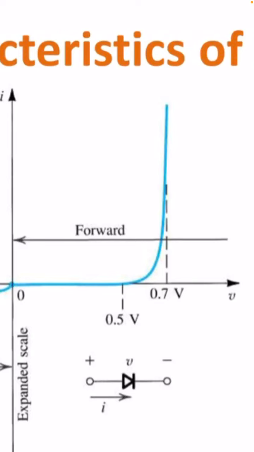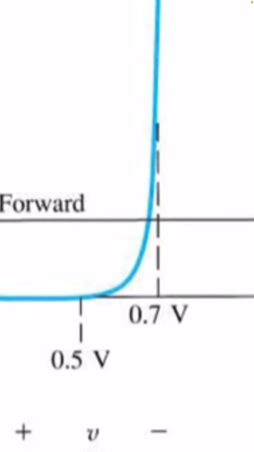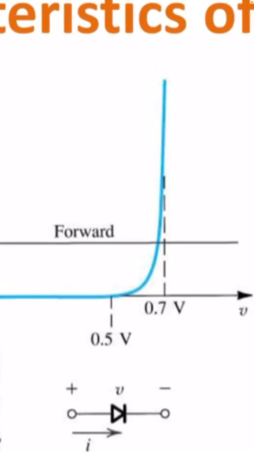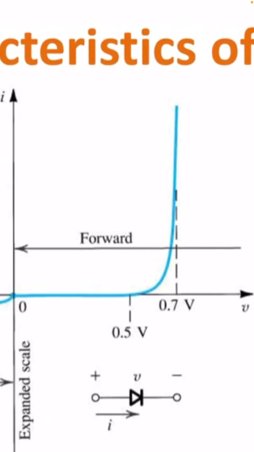After this potential barrier is overcome, we have a sharp increase in the current in the forward bias. But you also see here that this is non-linear, it is not linear like Ohm's law.